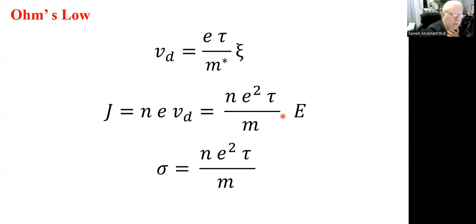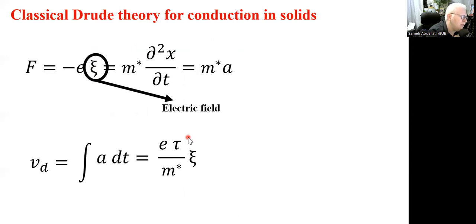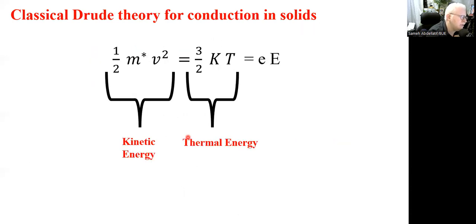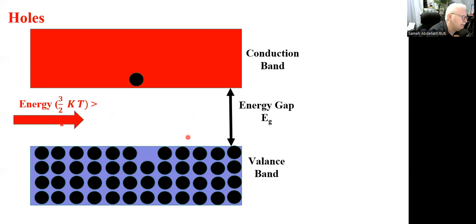Now, if you remember, the next step was to calculate n, which is the number of electrons. We first introduced this concept in this slide. This is basically a semiconductor. Whenever T is 0, I mean at 0 absolute Kelvin, there are no electrons in the conduction band and there are no broken bonds in the valence band, no holes.